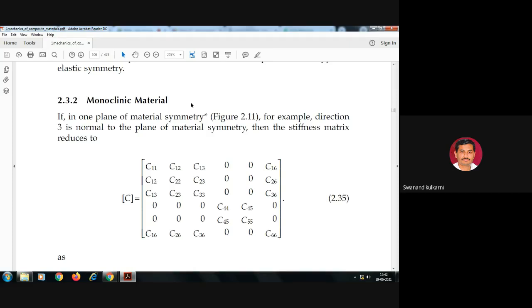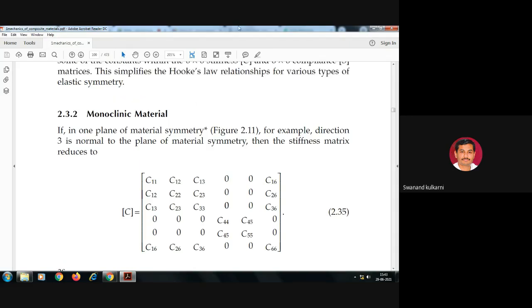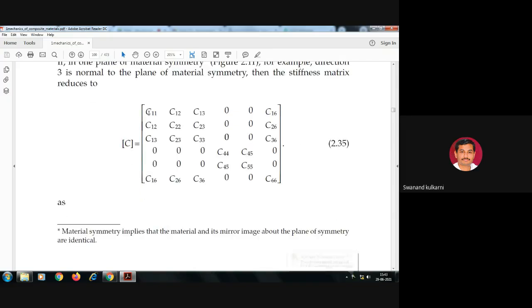The stiffness matrix that we have seen, C11, C12, C13, C14, C15, C16, like this we have already represented. In case of anisotropic material, we have considered that 21 constants are required in order to represent this.